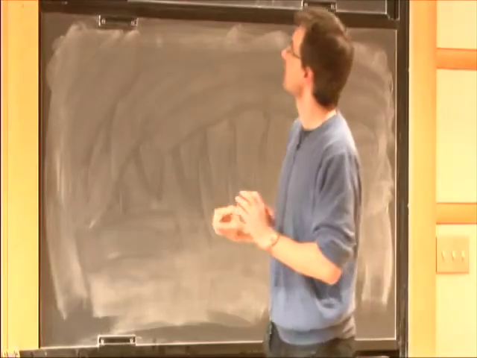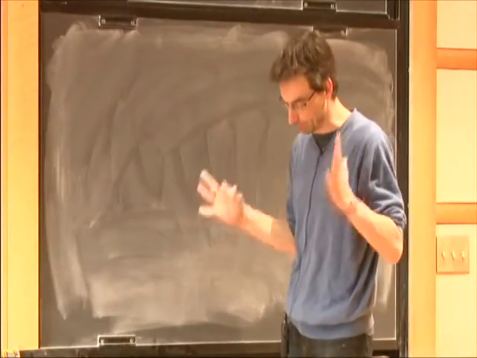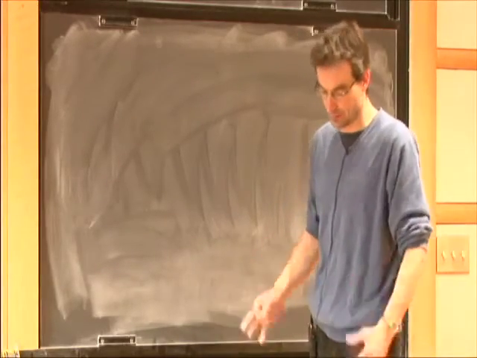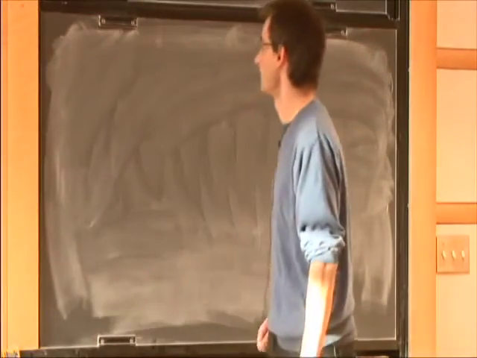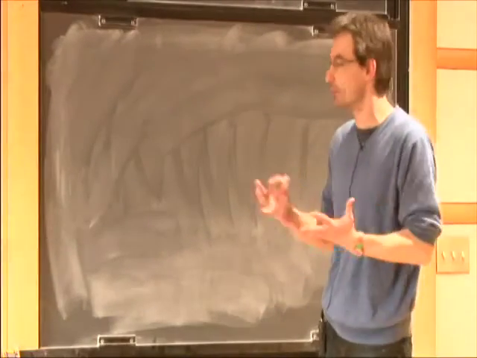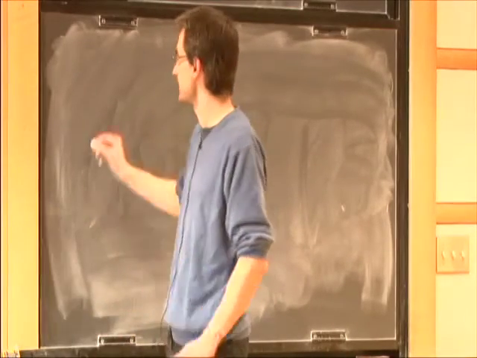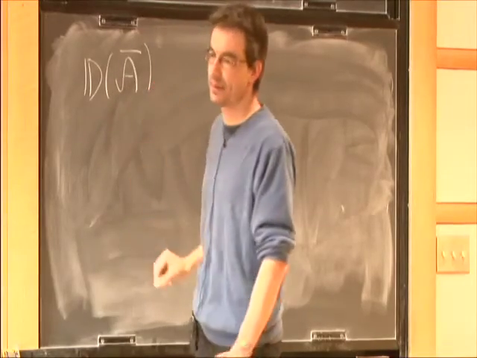So, as we said, A lives on the Ran space, and the Ran space is a pre-stack, so you can't really do Verdier duality on it. Indeed, the Verdier dual of A does not make sense. However, the Verdier dual of A bar does make sense.